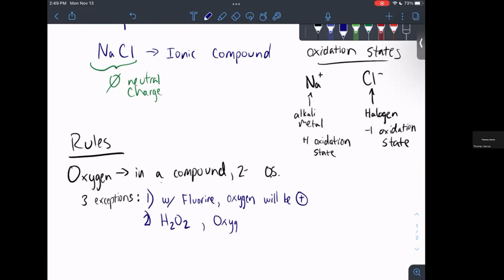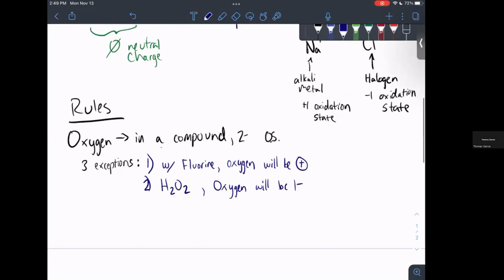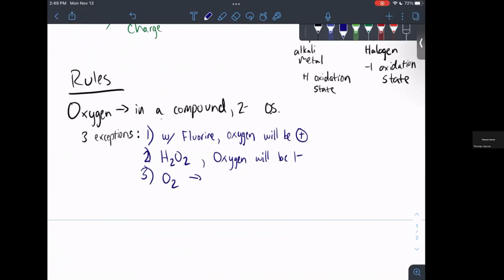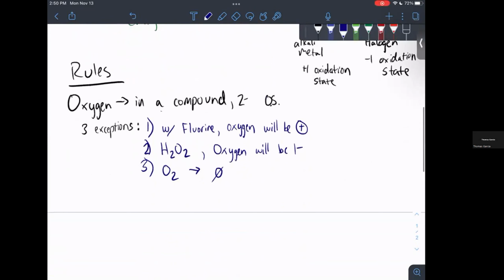Oxygen will be 1 minus. And lastly, in elemental oxygen, O2, it will have an oxidation state of 0. That's a 0, not an O. So oxygen is one of the most basic ones we'll see around, so we want to keep that in mind.